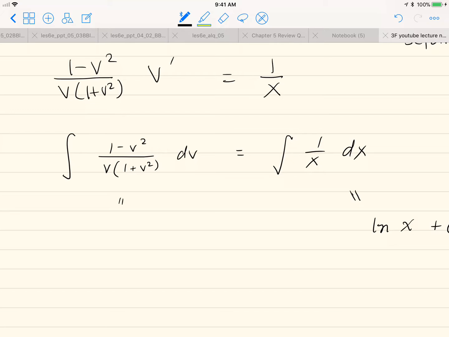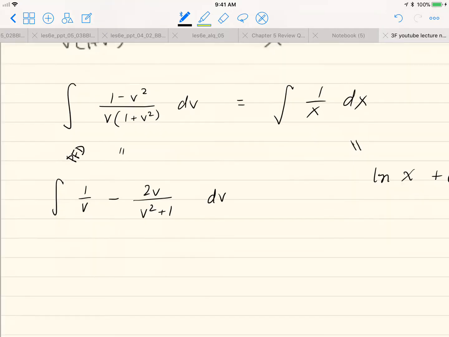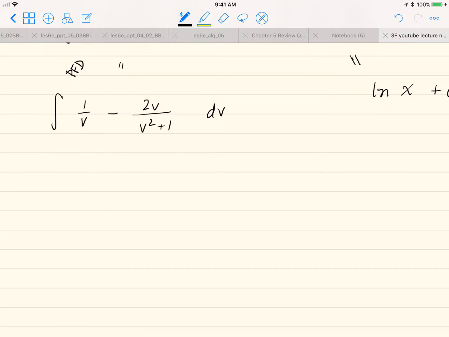So let's rewrite this as, now with partial fraction decomposition, we're going to be able to rewrite this as the integral of 1 over v minus 2v over v squared plus 1 dv. And this is using partial fraction decomposition. Once we do that, we'll integrate this and we'll get natural log of v, right?